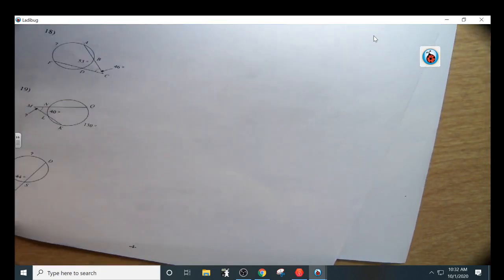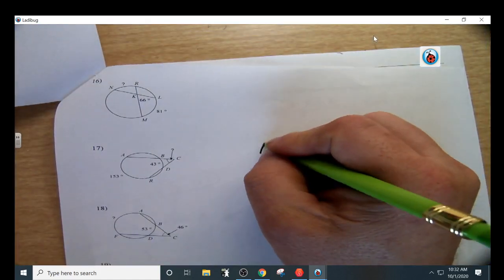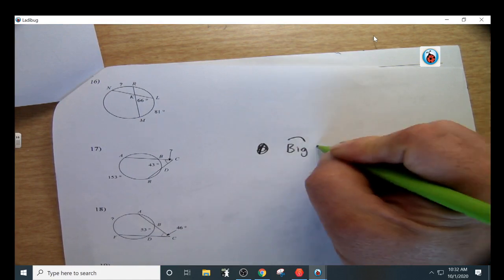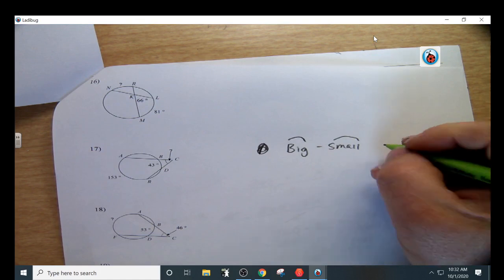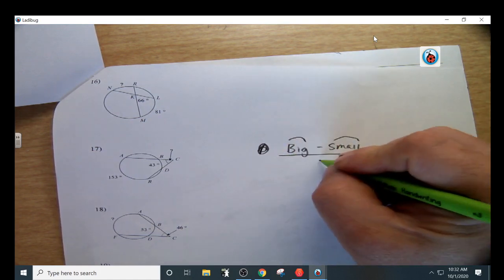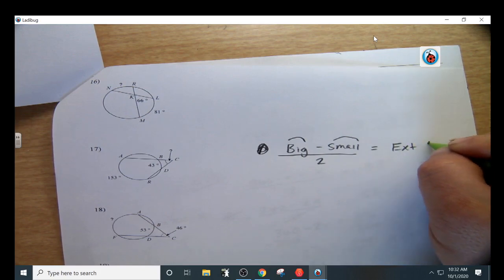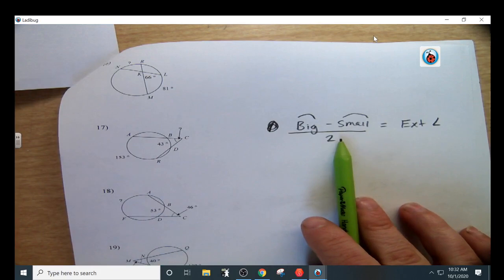And guys, 17 through 20 is the same. 17 through 20 is that same formula. I'm going to do big arc minus small arc. Yeah, 149 divided by 2 equals the exterior angle. That's 17 through 20.